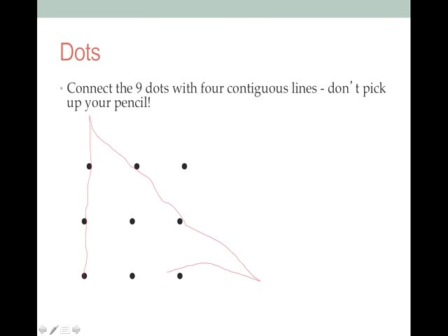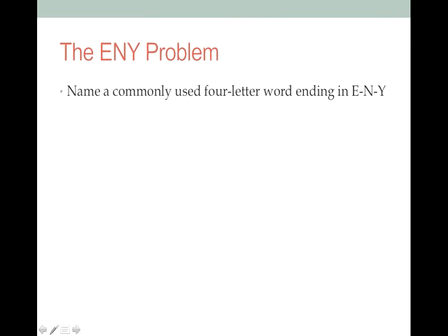This is called the any problem. You're supposed to name a commonly used 4-letter word ending in E-N-Y. This works much better if you say it out loud rather than having the problem on a screen. If you ask people as the any problem, which is the way that would be pronounced in traditional letter spellings, people have a really hard time with it.